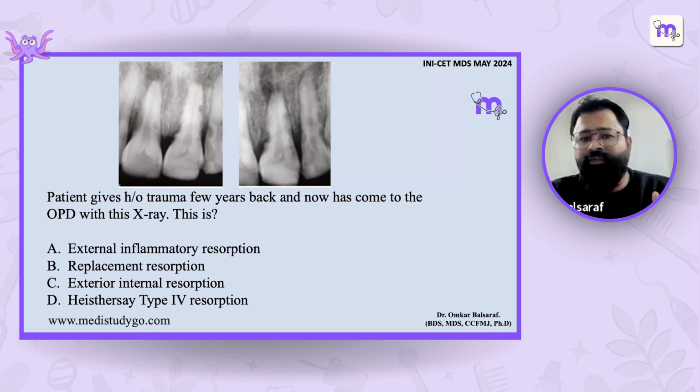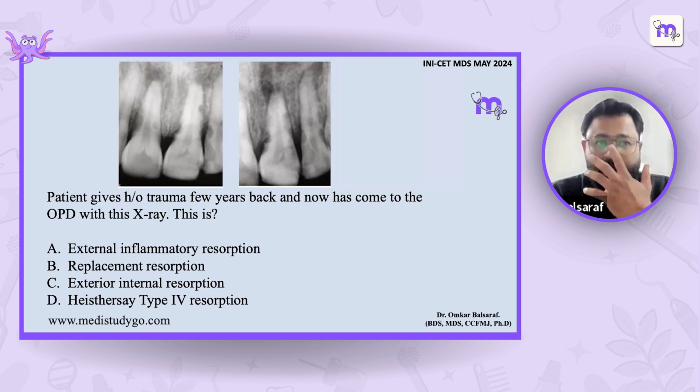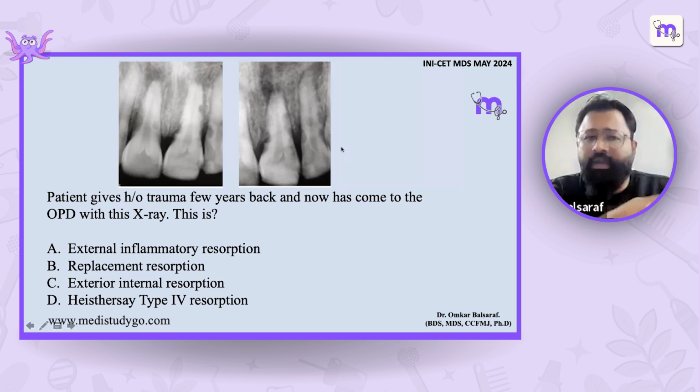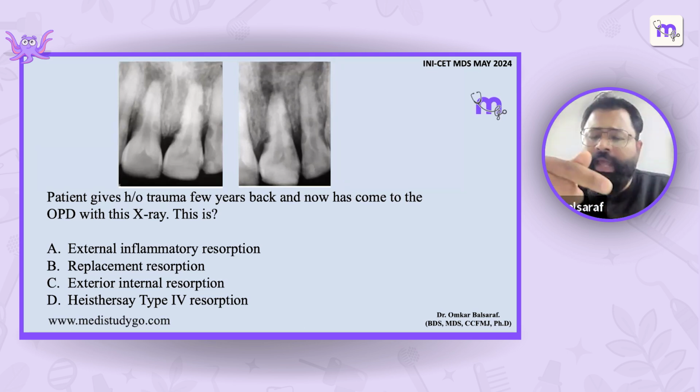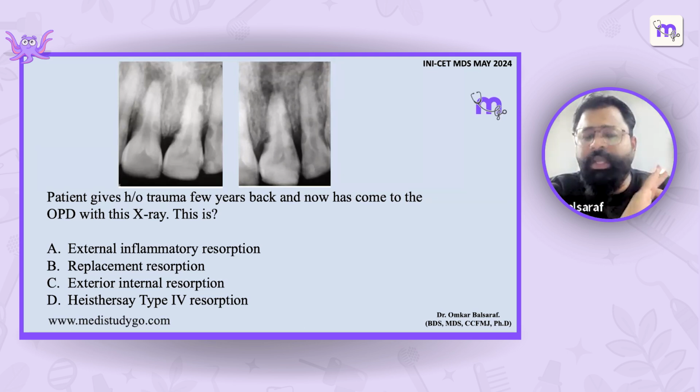So what is the area of interest of the examiner? You go directly to the question first, read the entire question text, then go back to the X-ray, unless it is highlighted. Suppose they highlight a part with a ring, a different color, or an arrow suggesting this is the pathology. Till then, don't go to the X-ray.